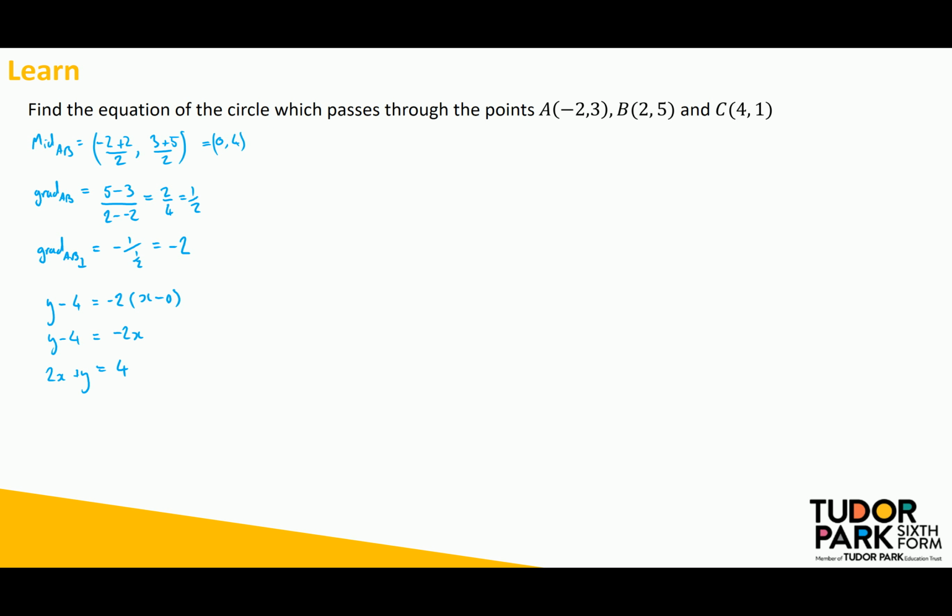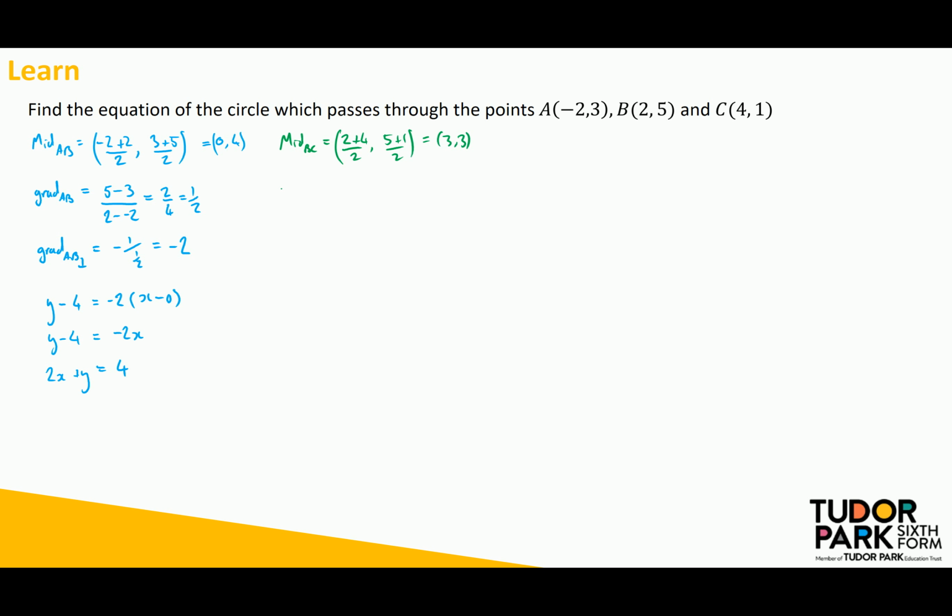Now we've done that for the points A and B, we need to continue and do exactly the same process for the points B and C. We start by finding the midpoint of BC, which is going to be 2 plus 4 over 2 and 5 plus 1 over 2, which gives me the midpoint as 3, 3.